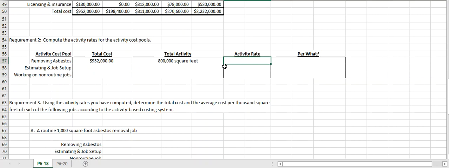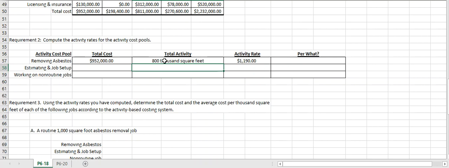So if we do the math on that, we can take the $952,000 divided by 800,000. Let's do it this way, because they're doing this by 1,000 square feet. So let me write it the way they've got it in the instructions: 800. It might help it to be more clear. They're doing this cost per 1,000 square feet.